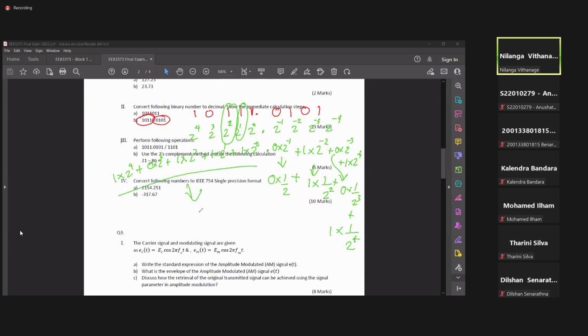The answer is something. You can get the answer, right? So here also you have to calculate. Here it is 0. 0 plus here 2 to the power 4 means 1 divided by 4. Again, this one it is also 0 plus this part 1 divided by 16.